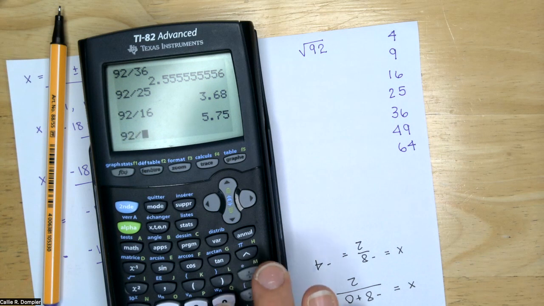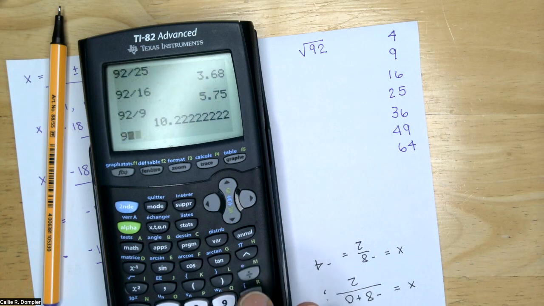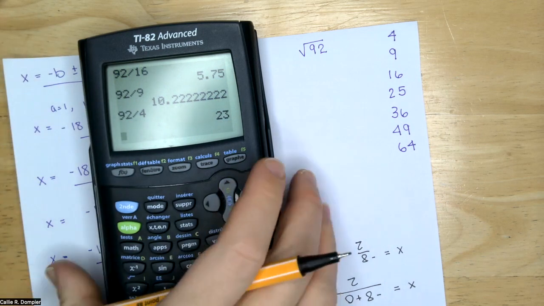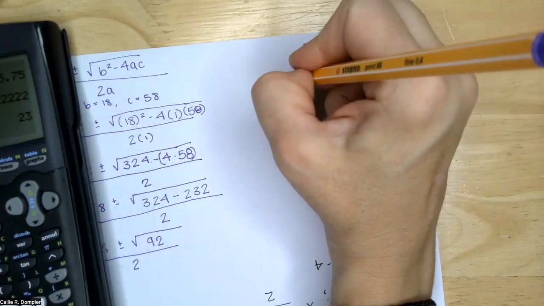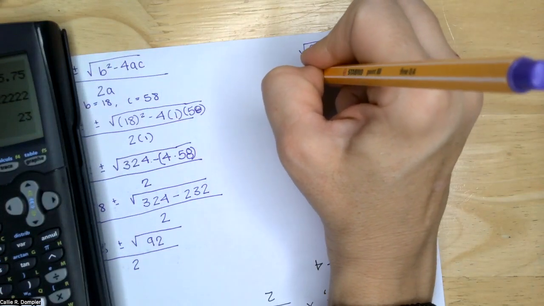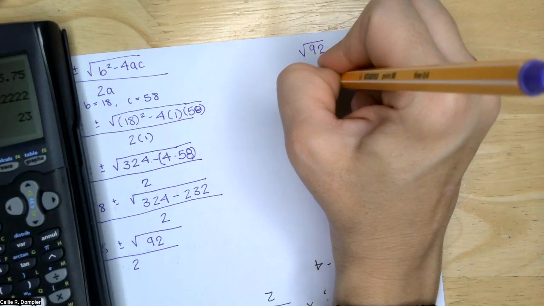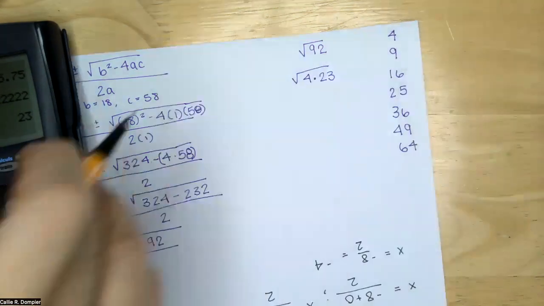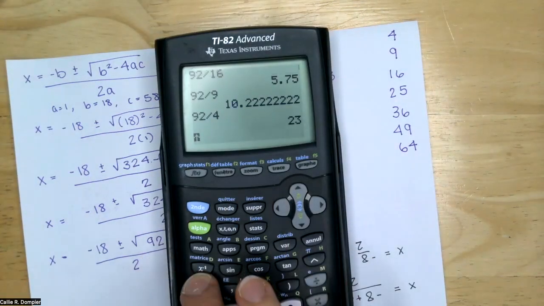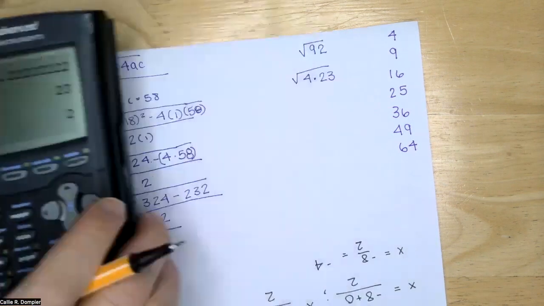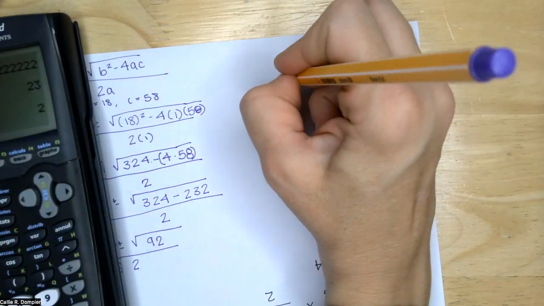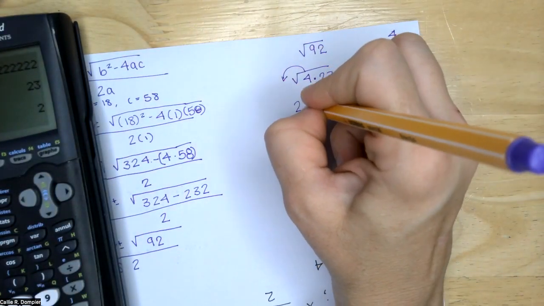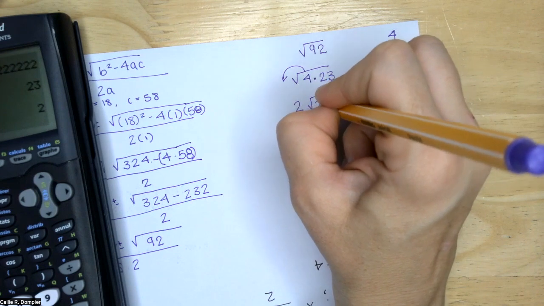I don't think we're going to be able to divide it by 9, right? So can we divide it by 4? Ooh, you can. So the square root of 92 becomes the square root of 4 times 23. The square root of 4 we know is 2, right? So that becomes 2 square root 23.